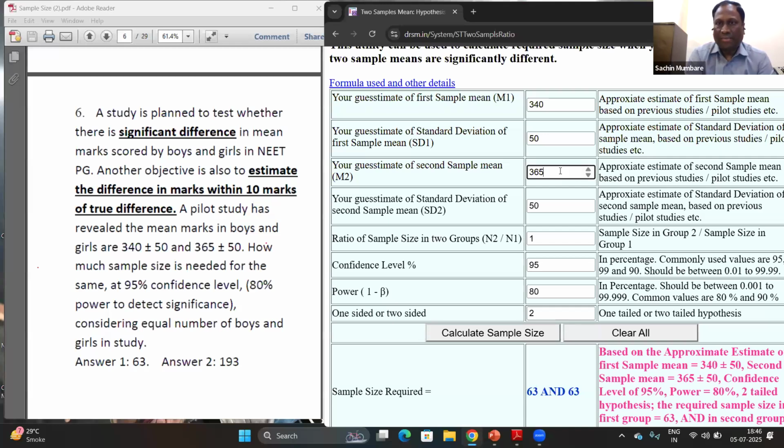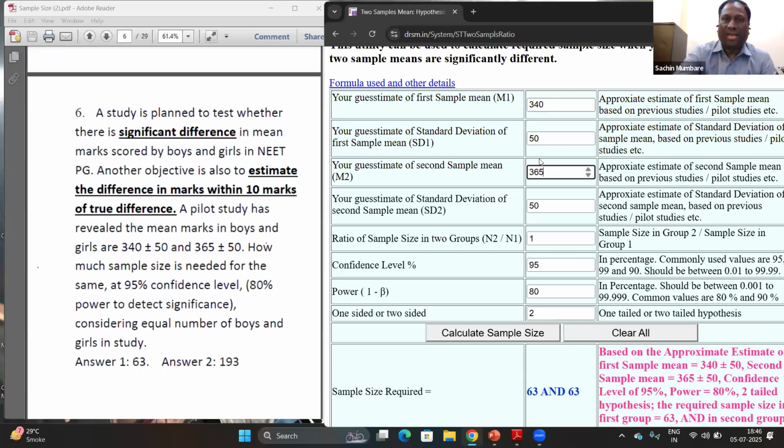So if the difference is 25, my study results should be such that the difference is within 10 marks, so 15 to 35. Okay. So this objective can also be there if you want to quantitatively estimate the difference in marks.